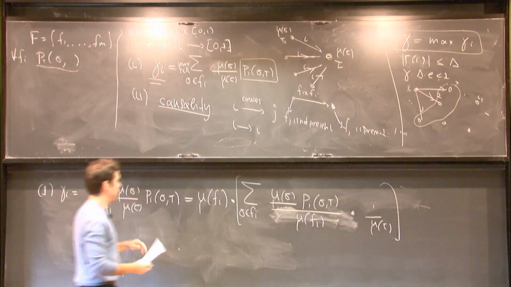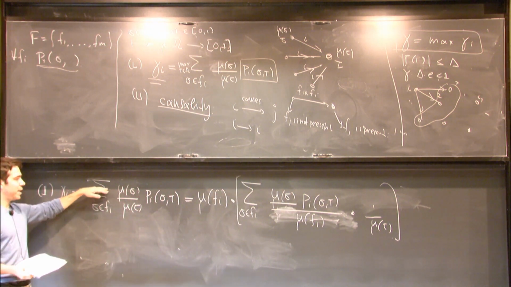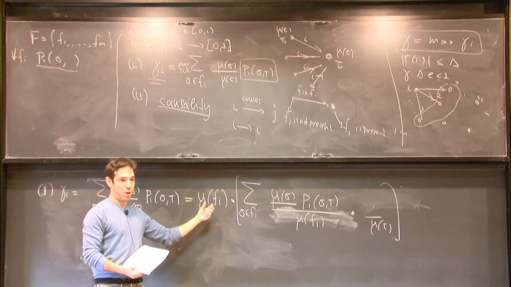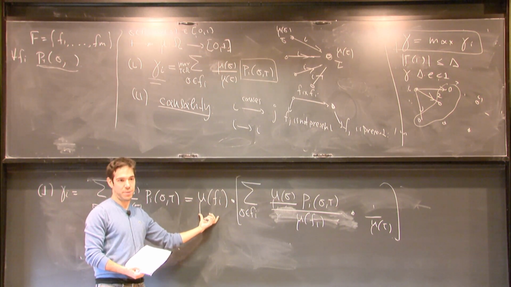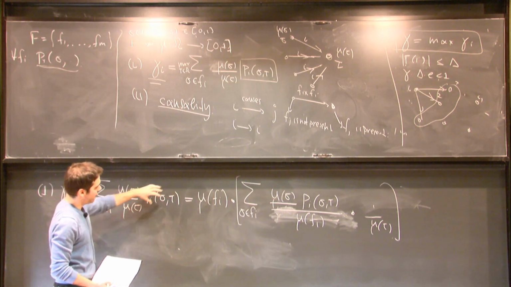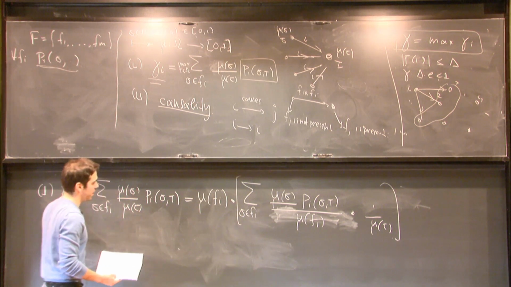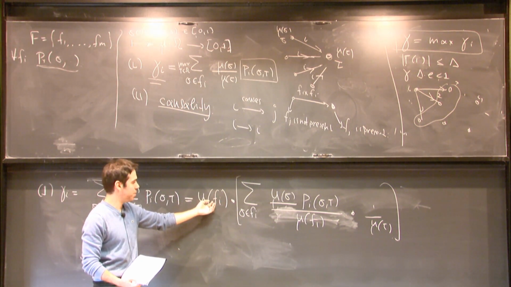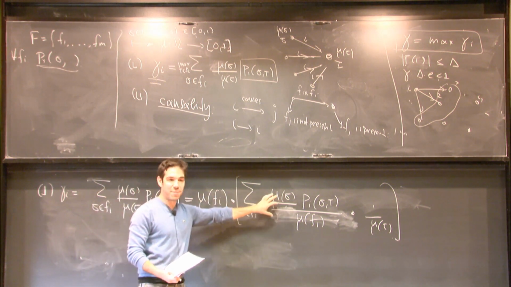Okay, so what I've done here is basically I multiplied and divided by the probability of the flaw under the measure mu. Nothing much. So this factor here is the probability of the flaw under the measure, as in the local lemma, times some factor.